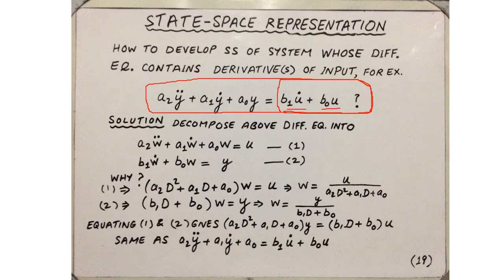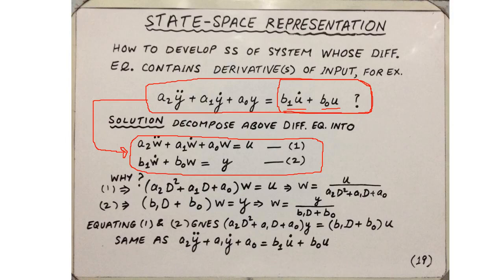The solution in this case will be to decompose this differential equation into a set of 2 somewhat simpler differential equations, and we are going to utilize an auxiliary variable w. So we are going to claim that it is possible to decompose this single complex differential equation into 2 differential equations as follows.